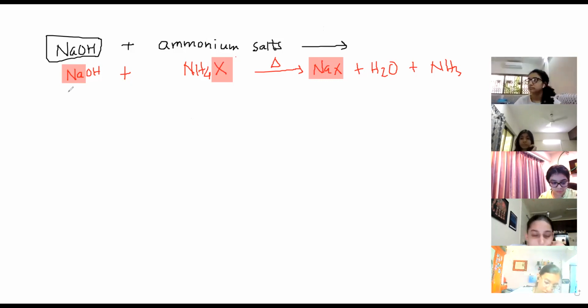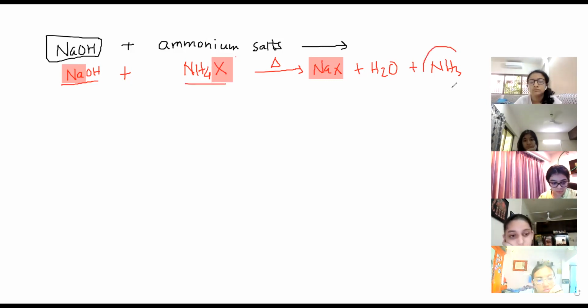Okay, so whenever a base reacts with an ammonium compound, remember that one of the products you'll get will be ammonia. Now suppose this ammonium was not there, would you have got this ammonia as one of the products?